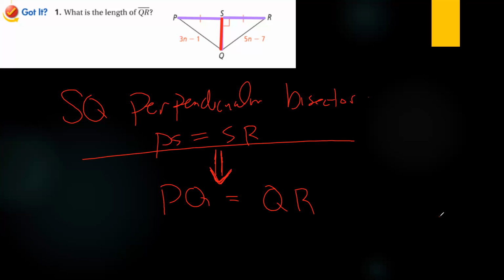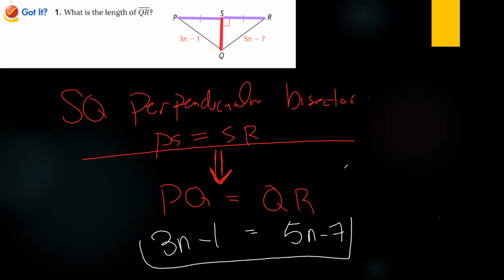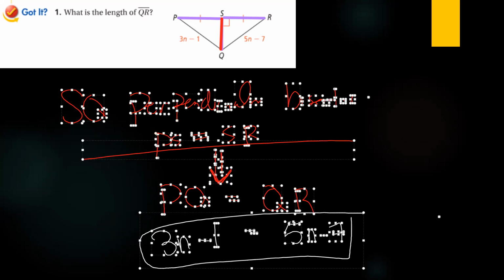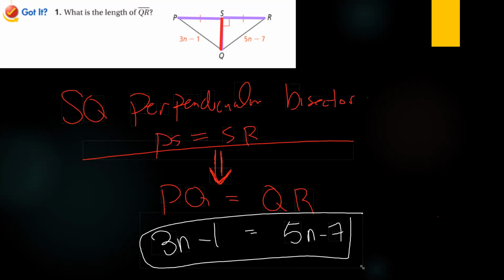Yes, PQ is equal to QR, because it is perpendicular and cuts it into two equal halves. What is the length of PQ? 3n minus 1. Bravo. And QR is 5n minus 7. So let's use them here now in order to find n.